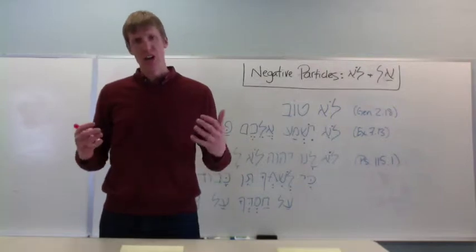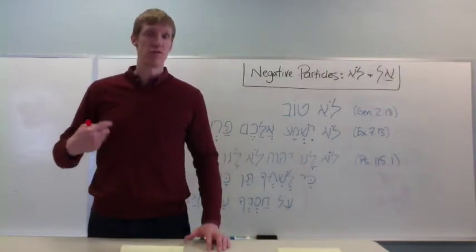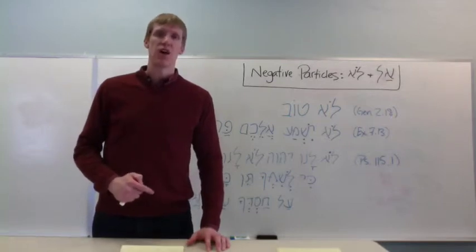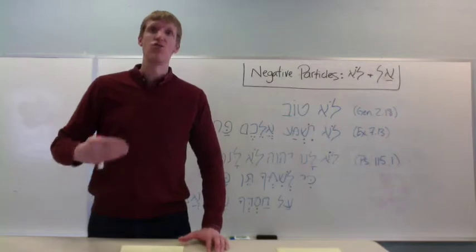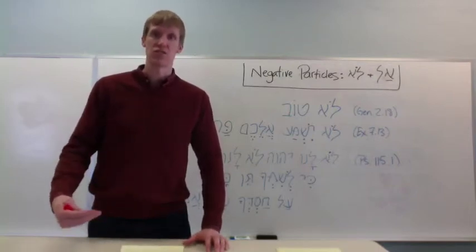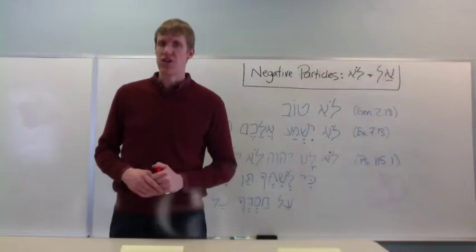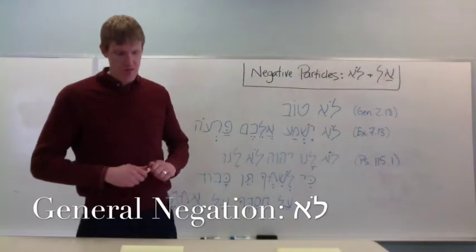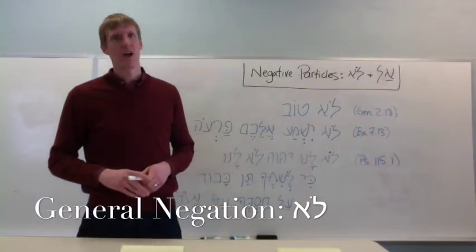So there's a sort of general negation function that they have, but then they also function with verbs as communicating prohibition against doing certain things or being certain ways. But first, let's just talk about the general negation. And so we'll talk about the word lo, which is more common than al.